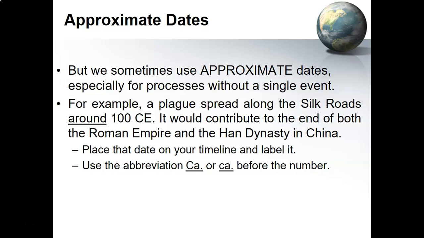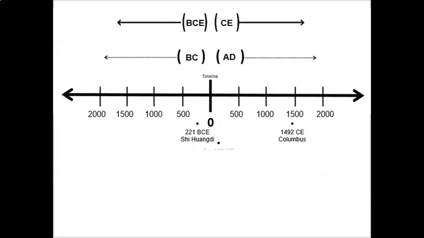We typically say out loud around date, but we write circa CA. So on your timeline, you put the dot. Again, it's going to be like 1/5 of the way between 0 and 500 on the right of 0 because it's common era. But we must write circa to indicate that it's an approximate date.